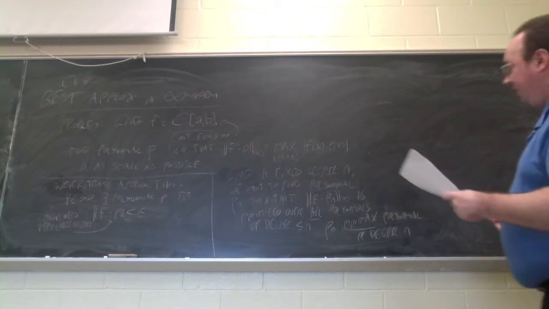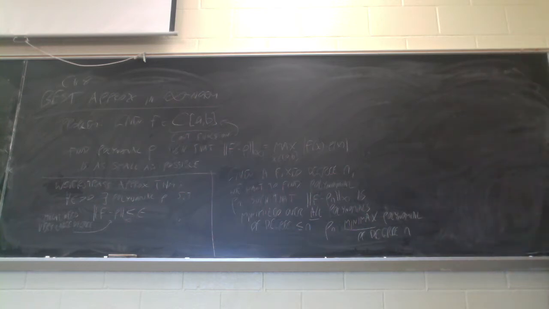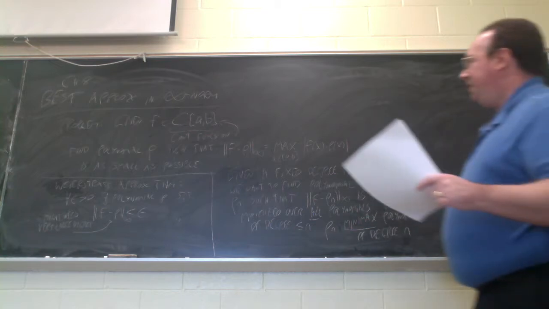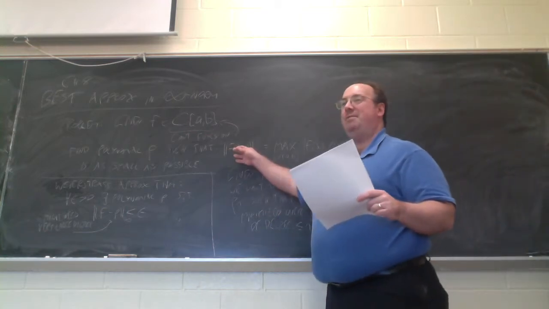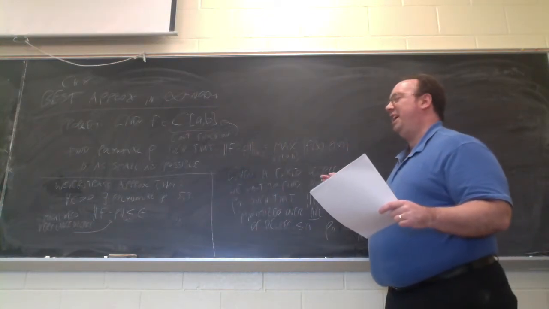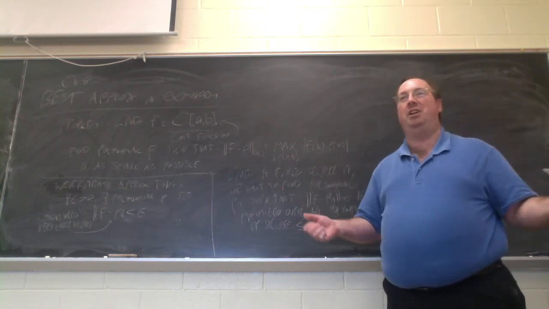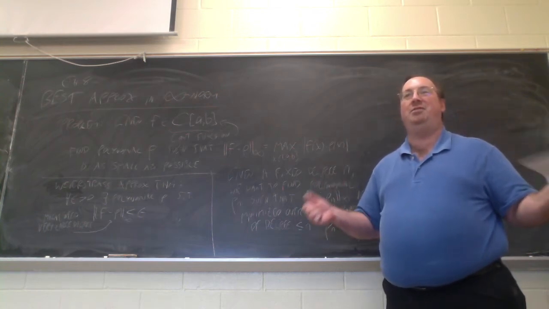Now, one thing I can tell you is unfortunately, this is why I don't like this chapter actually, because I will not be able to give you an algorithm where you can feed it an arbitrary function f that's continuous in AB and specify degree n, and here's an algorithm that churns out the minimax polynomial of that degree. I can't do that.